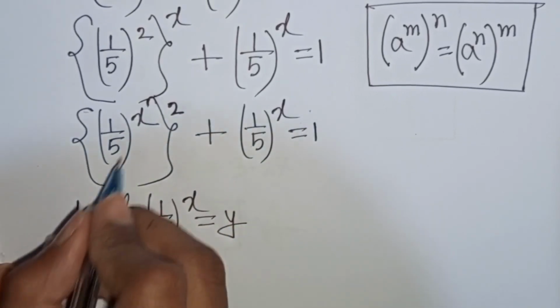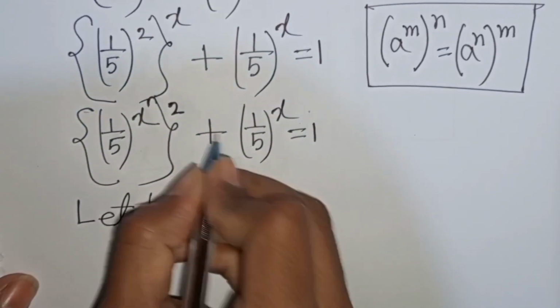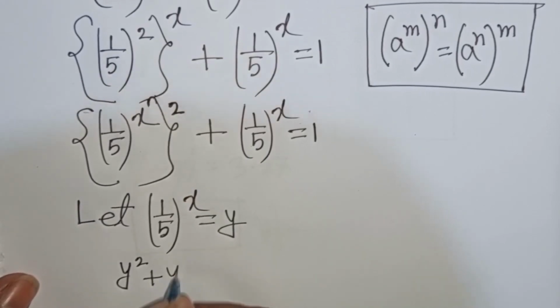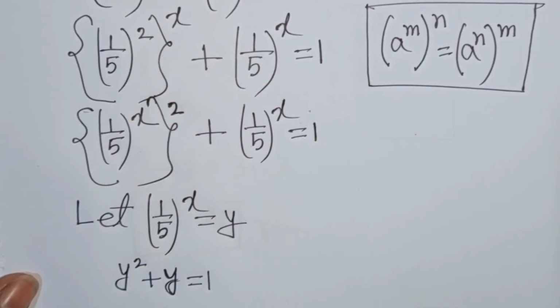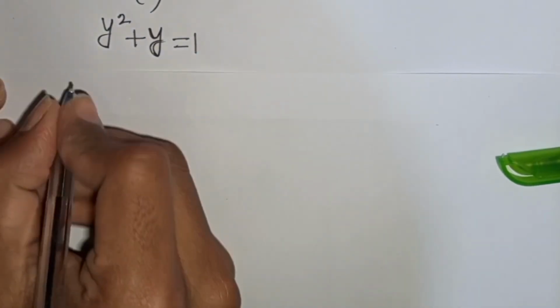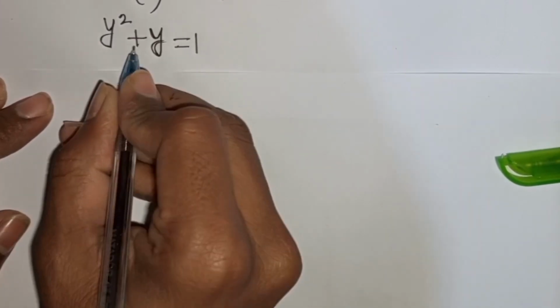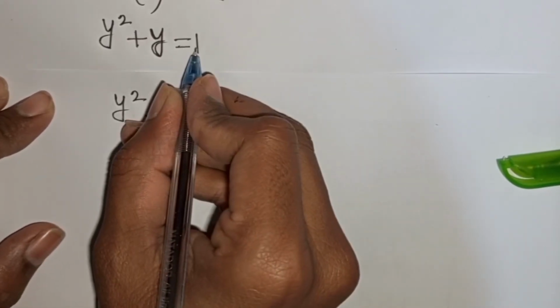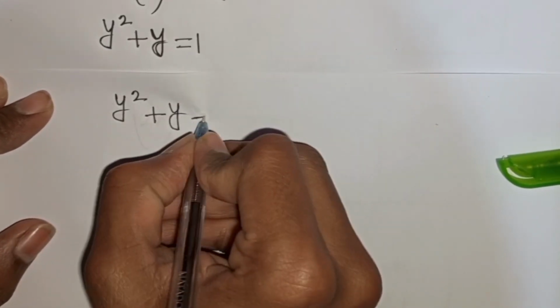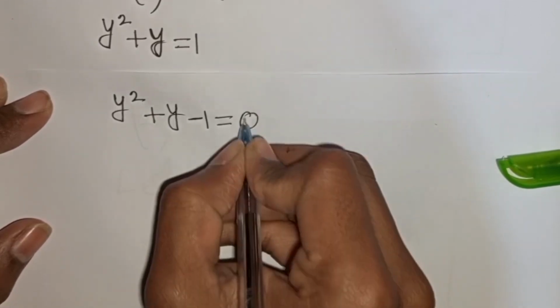Our equation will be y square plus y is equal to 1. Now we can write y square plus y, then this plus 1 taken to the left side becomes minus 1, is equal to 0.